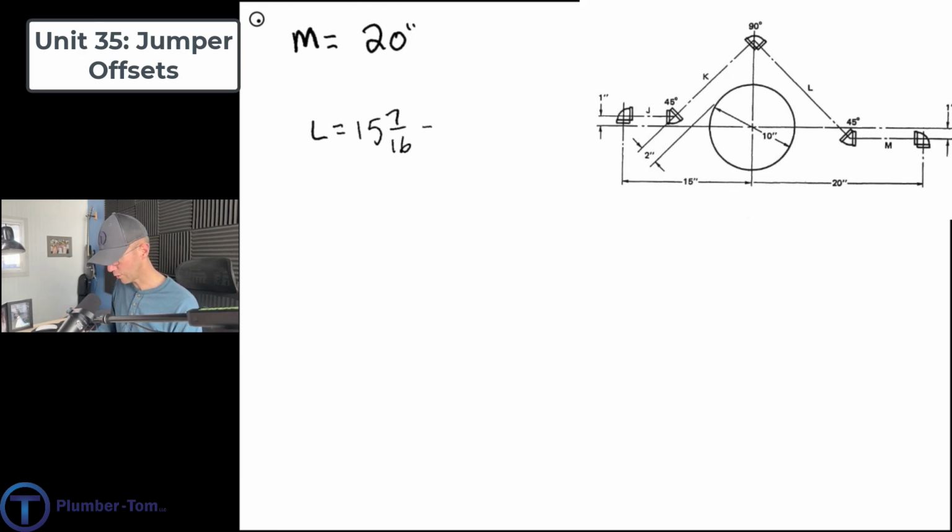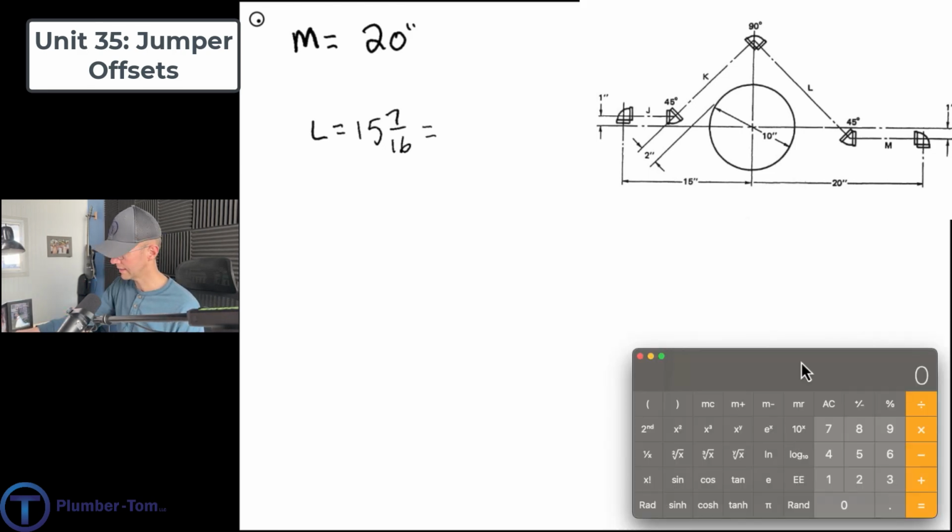Let's convert that over into decimal form. 7 divided by 16 equals 15.4. Let's round it up to 4. All right, what am I going to do with that? Well, L was the distance, a diagonal distance, from the 90 down to the 45.